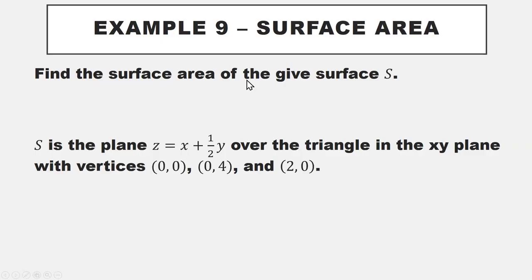So let's take an example. Let's try to find the surface area for this surface here. S is going to be the plane z equals x plus 1/2 y over the triangle in the xy plane whose vertices are (0, 0), (0, 4), and (2, 0).